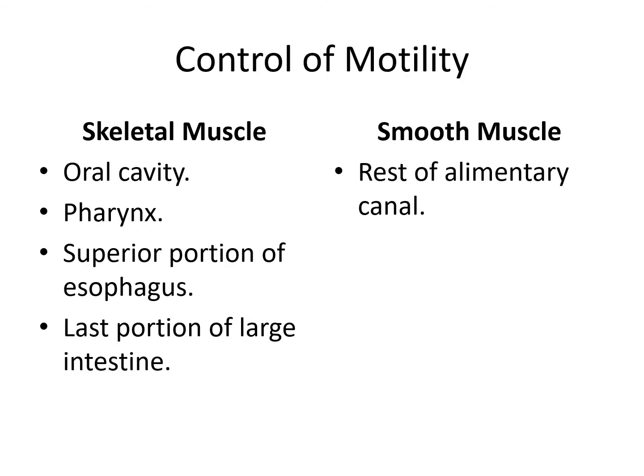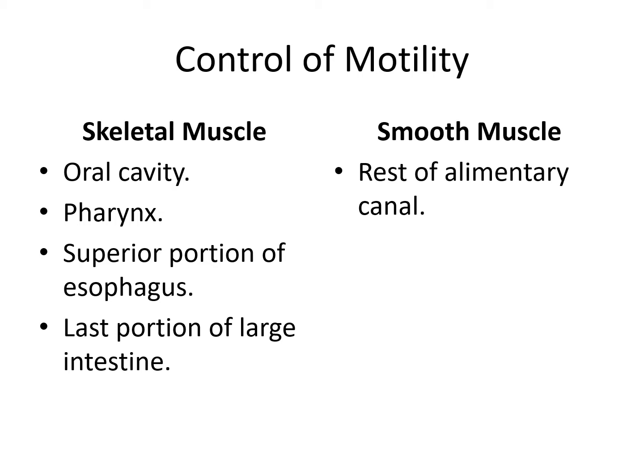So here I made a little table showing the control of motility. On the left side are those parts of the digestive system controlled by skeletal muscle, and on the right side, those areas controlled by smooth muscle. In the skeletal muscle, there's the oral cavity, the pharynx, the superior portion of the esophagus.